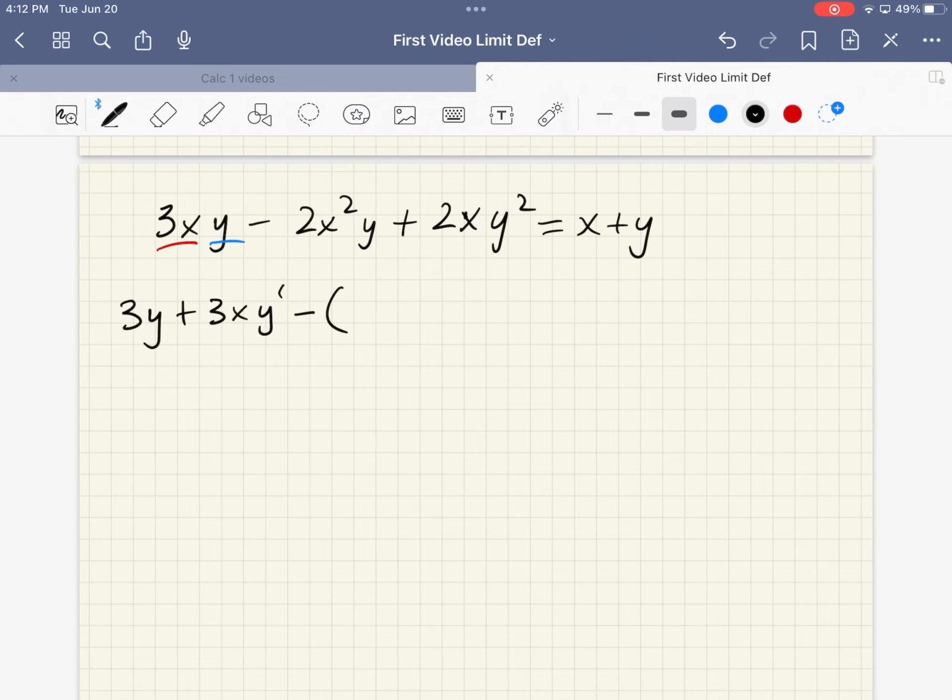Derivative of the first is going to be 4x times the second, plus the first, 2x squared y prime, plus derivative of the first is 2 times the second, plus, now the first times the derivative of the second.